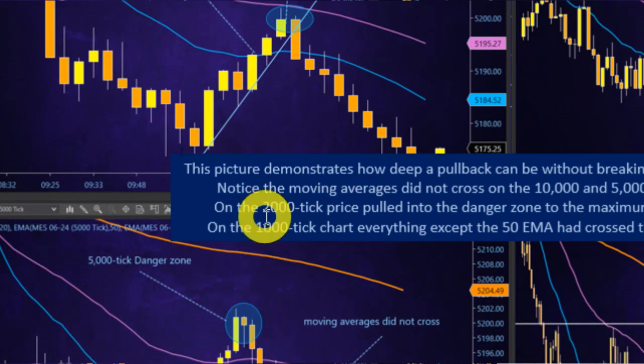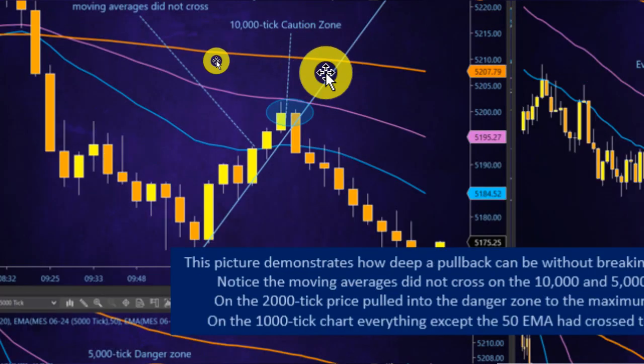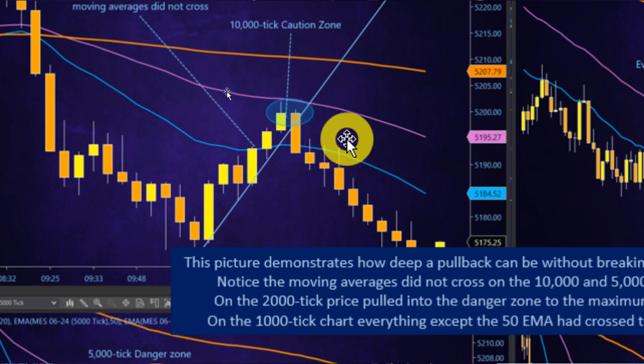Now, depending on the speed and how fast things pull back, you could literally see price pull back to the 200 moving average into the danger zone on the 10,000 tick chart here, pull all the way back here and snap back so fast that the moving averages still do not cross one another.